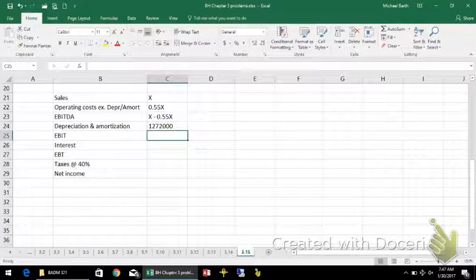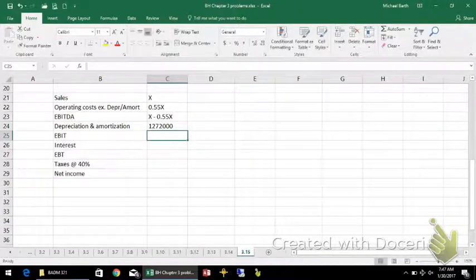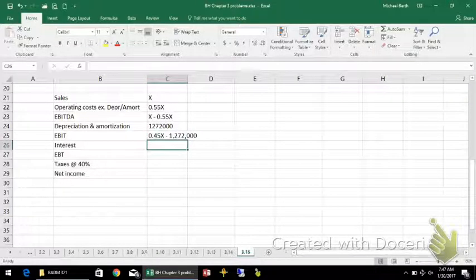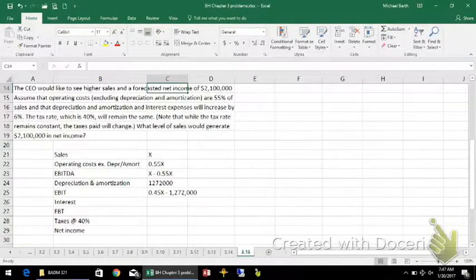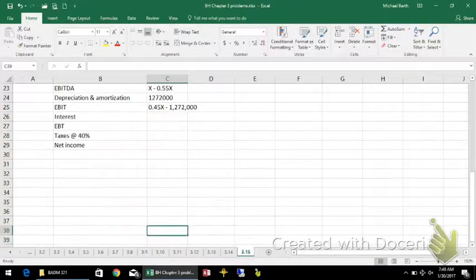That gives me a new EBIT of X minus 0.55X, which is 0.45X, minus 1,272,000. The interest expense is going up to 530,000.